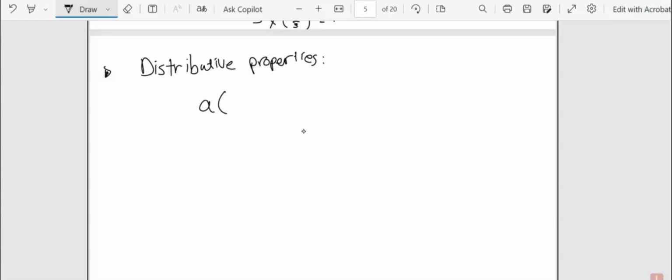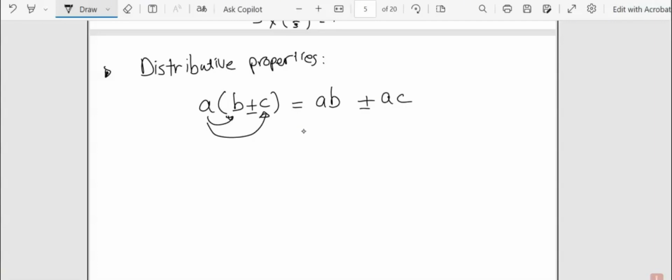If we have a multiplied by b plus c, we will distribute it as a multiplied by b first, then plus a multiplied by c. We leave the operation in the middle as it is, so even if it was minus, a plus or minus, it would be ac.